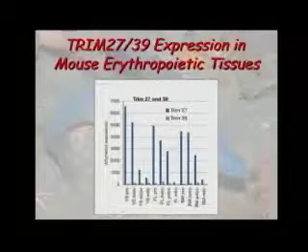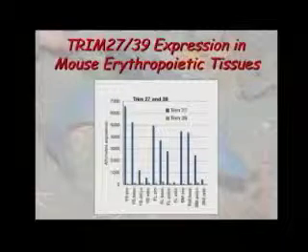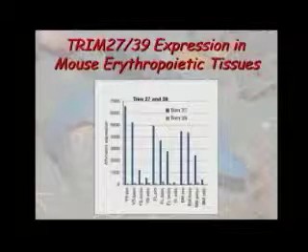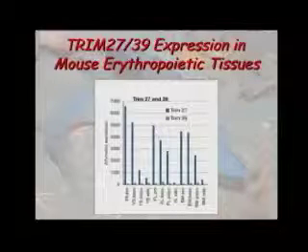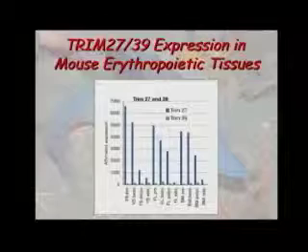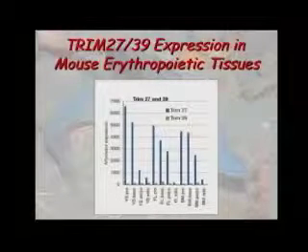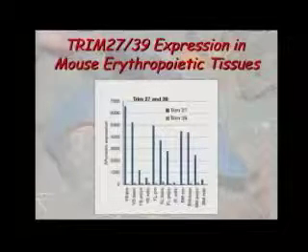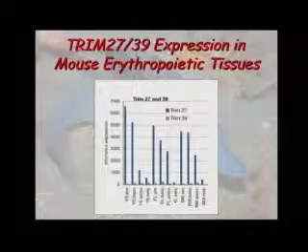And it's expressed in declining fashions that would suggest that it is somehow responsible for putting a brake on the red cell progenitor, and that the destruction of the protein then releases this brake and allows the differentiation of the red cell to occur. At the same time, in the green bars, you can see that trim 39 is not being expressed in the mouse tissues to any appreciable extent.